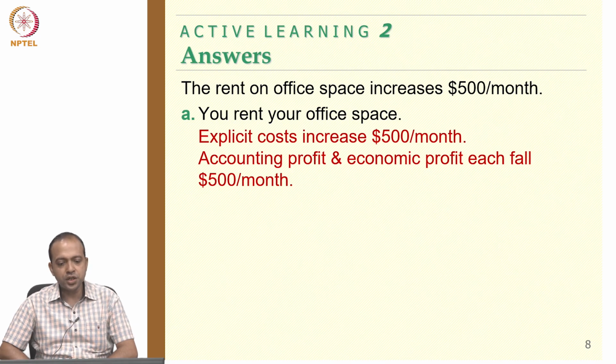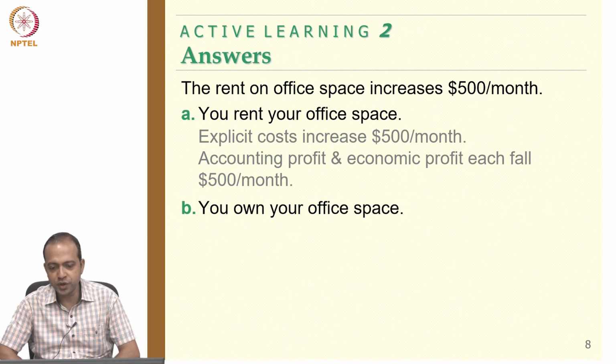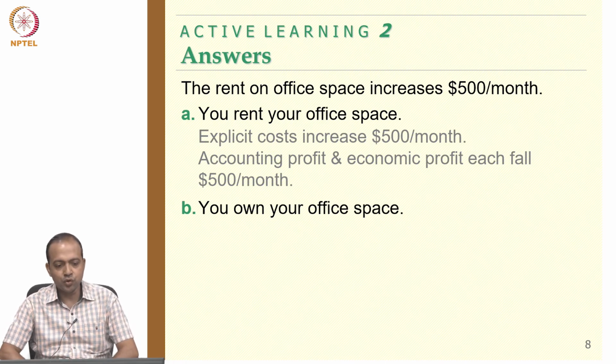If you rent, explicit cost increases by $500 per month. So, accounting profit and economic profit each will fall by $500 per month, right.